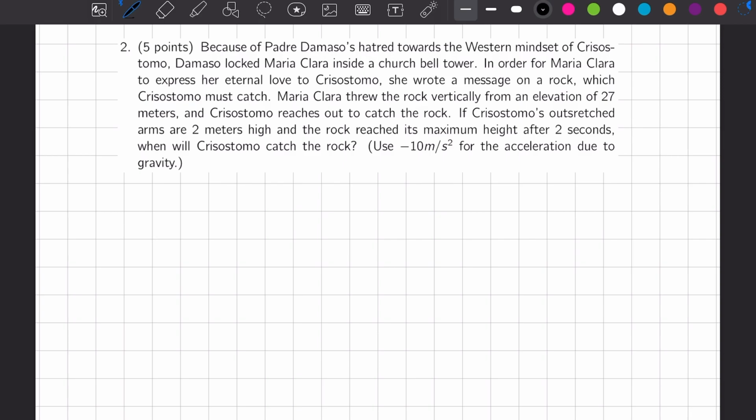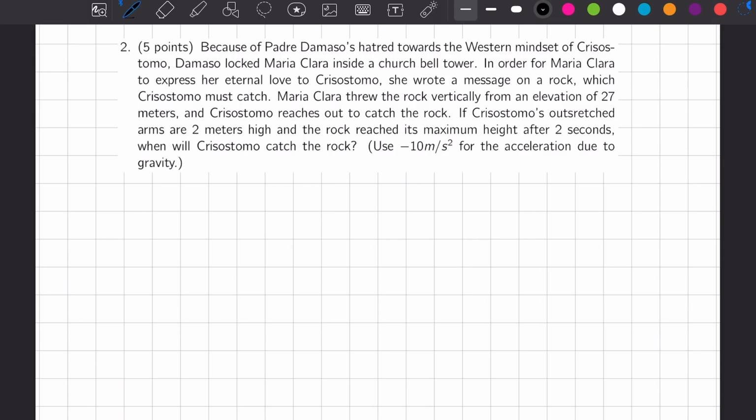Because of Padre Damaso's hatred towards the Western mindset of Crisostomo, Damaso locked Maria Clara inside a church bell tower. In order for Maria Clara to express her eternal love to Crisostomo, she wrote a message on a rock which Crisostomo must catch.